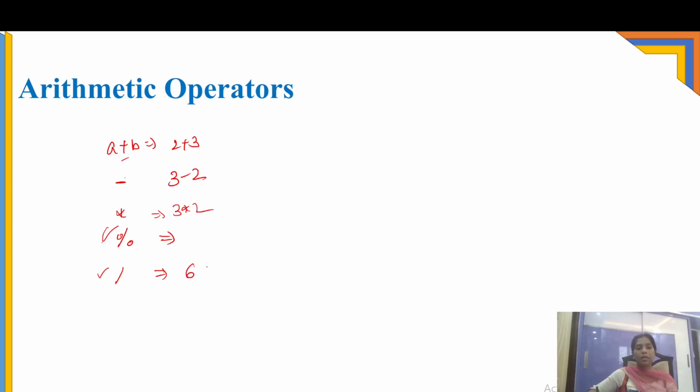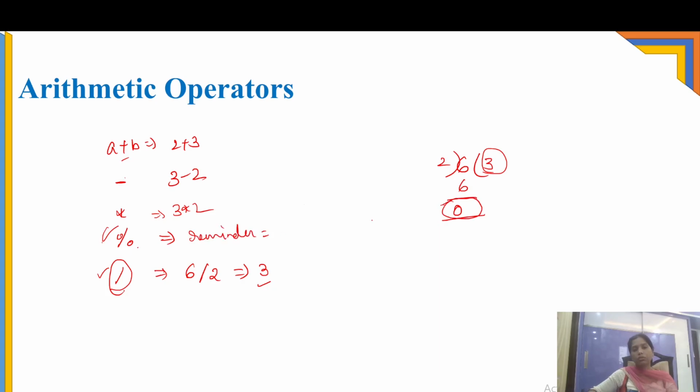See, 6 by 2, the answer is 3, since 2 threes are 6. The division operator gives the quotient. Modulo division gives the remainder. So 6 modulus 2 is 0.